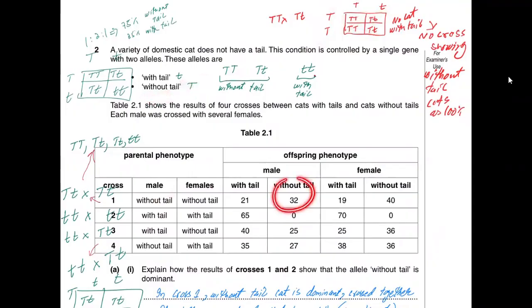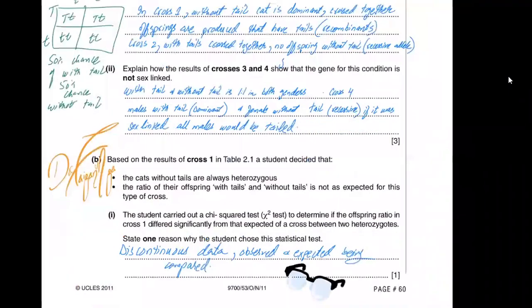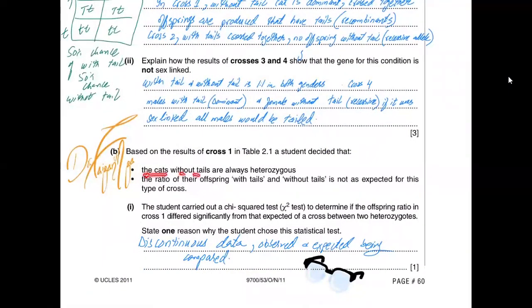So only without tail should have been produced in this first cross. There should have been 0 in these columns. This should have been 0. This should have been 0. But this is not the case. Without tail are being produced together with tail. So this is what the student says, that cats without tail are always heterozygous. Now moving on, the ratio of these offspring with tails and without tails is not as expected for this type of cross. So he or she is probably saying it's not like 1:2:1 or 3:1.